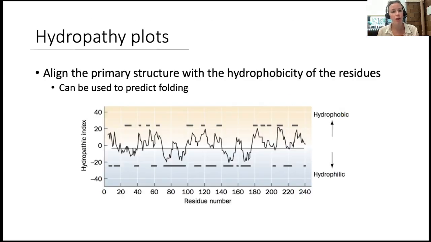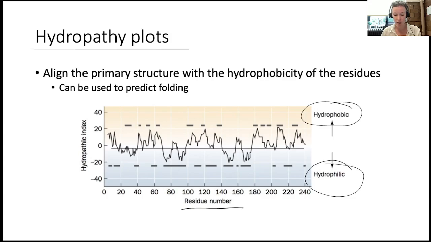When we're talking about or anticipating which parts of a protein will be on the inside or on the outside, we can use something called a hydropathy plot to help us. A hydropathy plot basically plots the residue number or the primary structure against polarity. So higher up on the plot, hydrophobic residues, lower on the plot, hydrophilic residues.